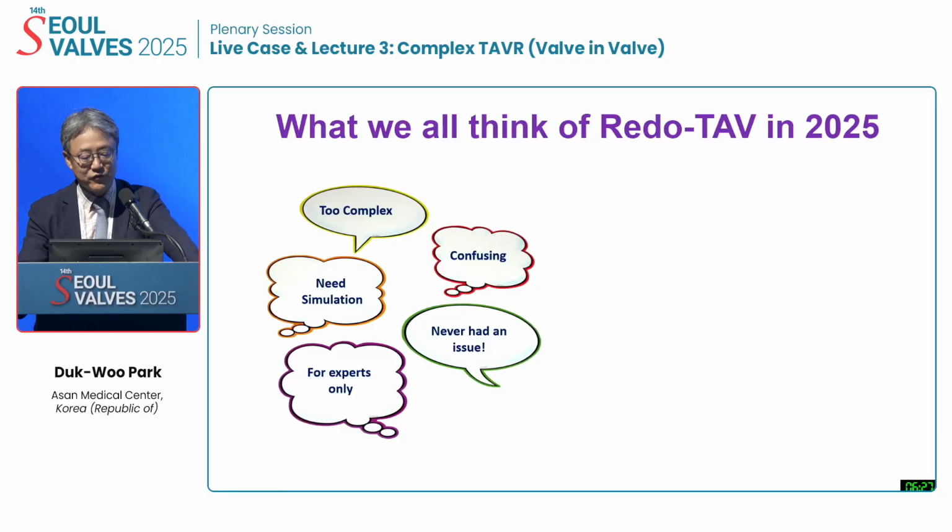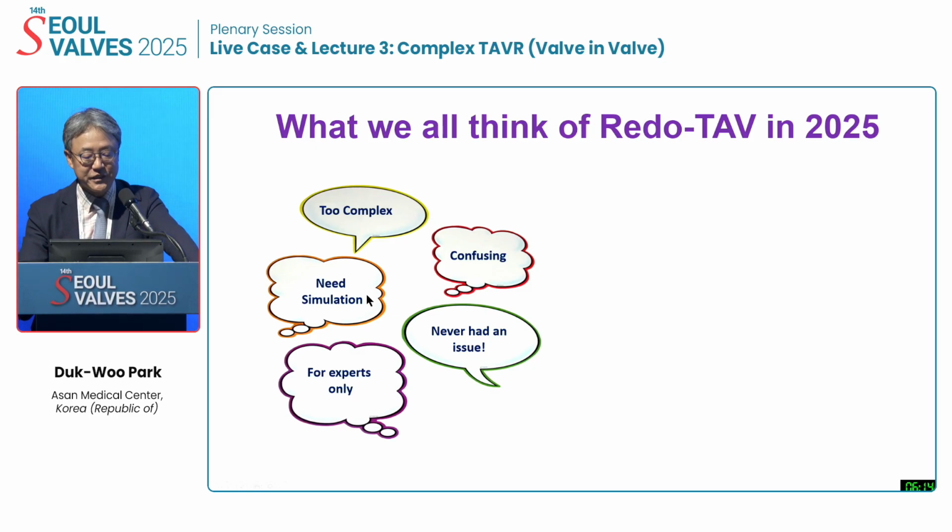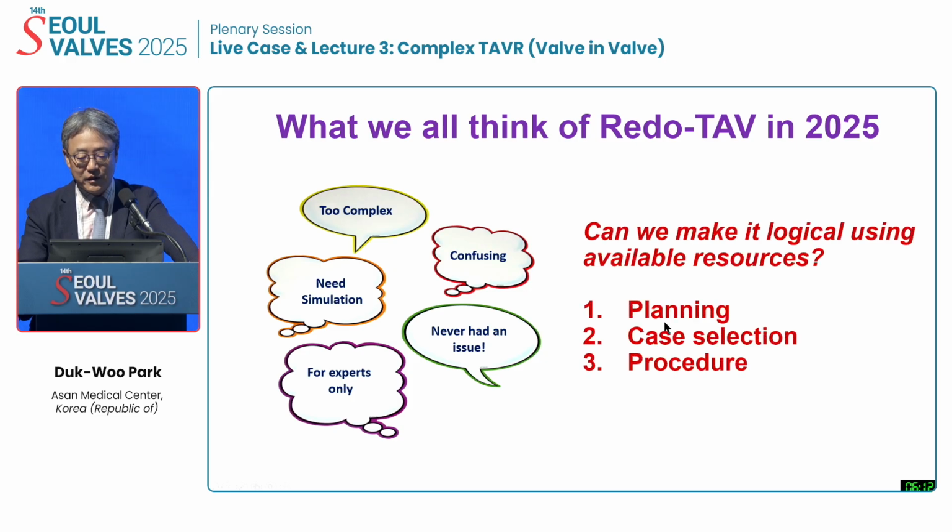During the valve-in-valve procedure, compared to the native valve procedure, it is very complex and sometimes confusing, even for experts; our experience is limited and we need simulation. There are a lot of things to do in planning and case selection, and the procedure is sometimes very complex.